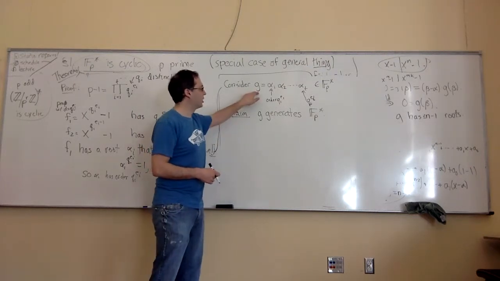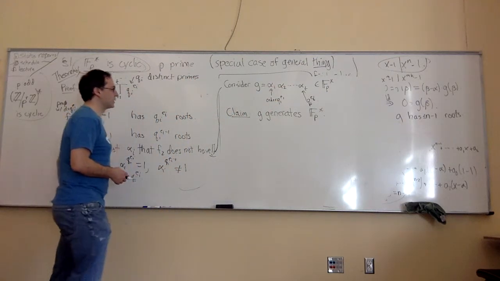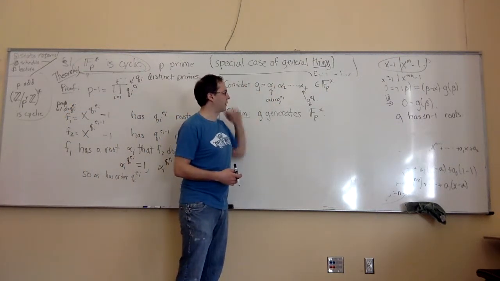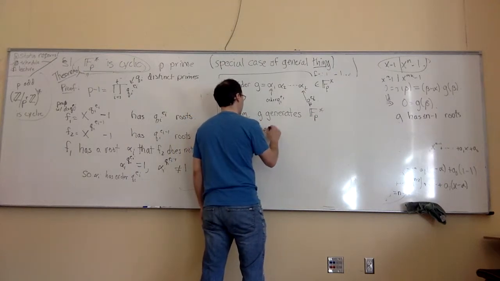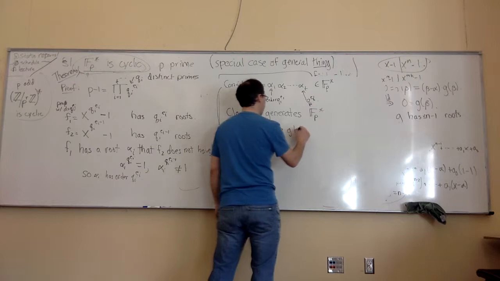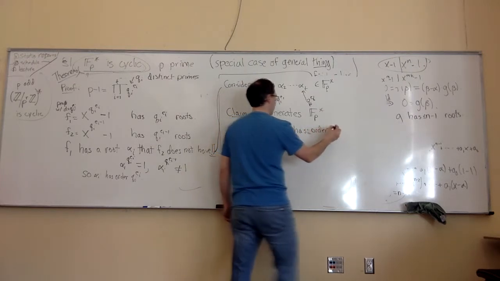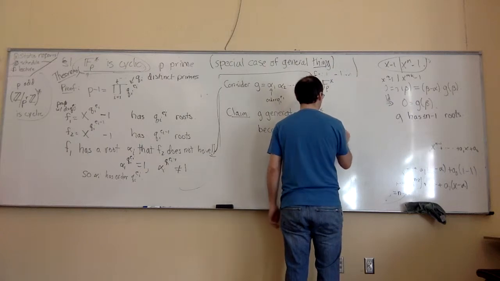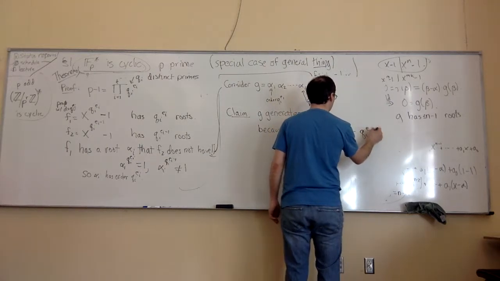So this g has order the product of all these q_i to the e_i's, which is exactly p minus 1. g generates F_p star because g has order q1 to the e1 times ... q_t to the e_t.